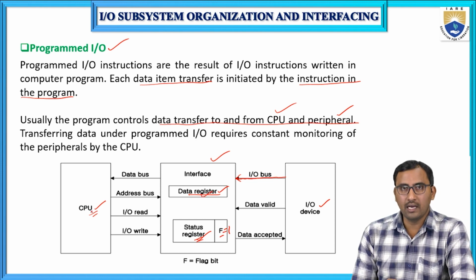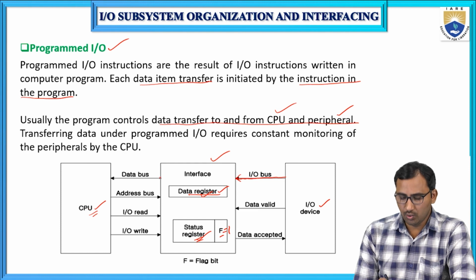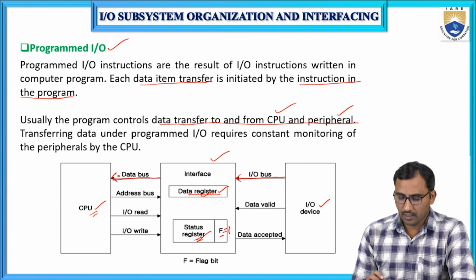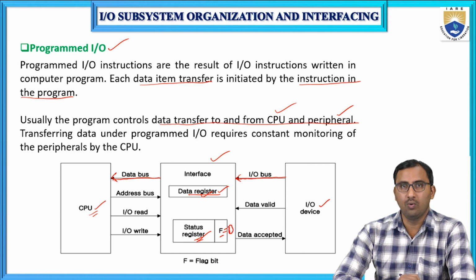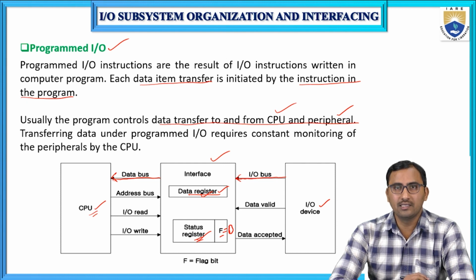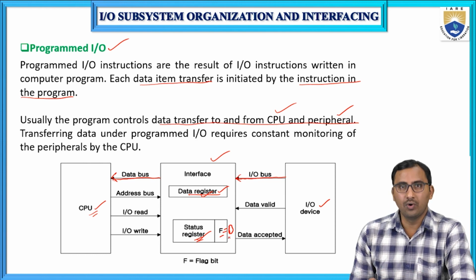Then the CPU can read the data using the data bus. Suppose the status register F is equal to 0, it indicates that the data register doesn't contain any data. So the CPU has to wait until the status register F is equal to 1.